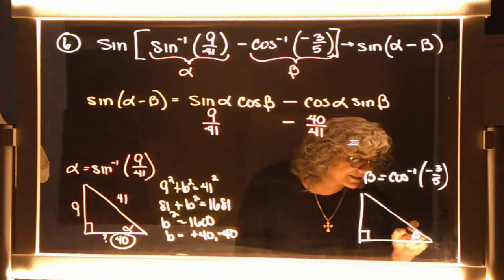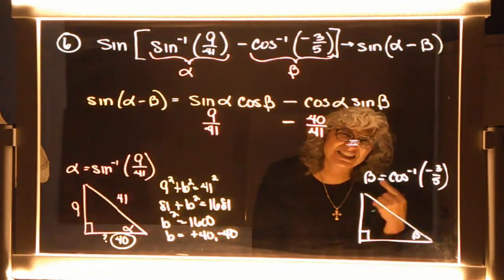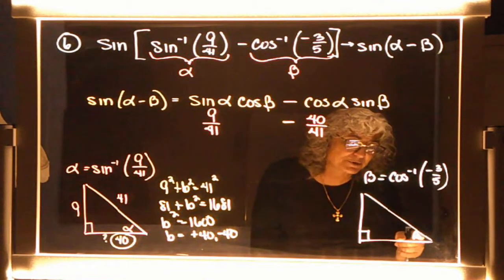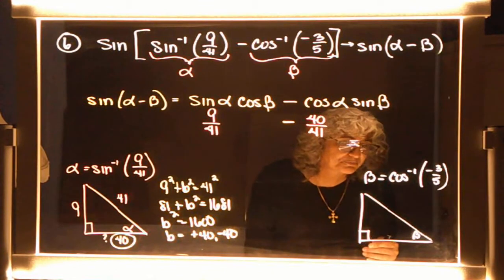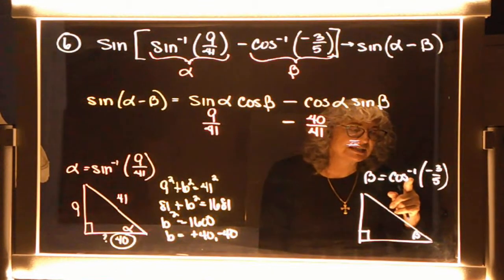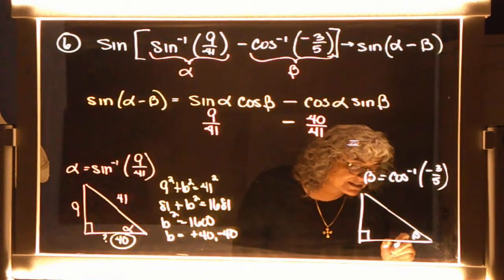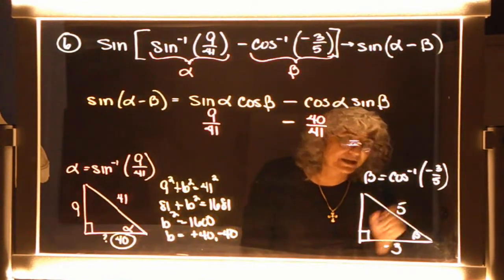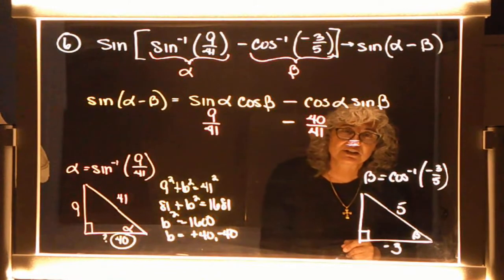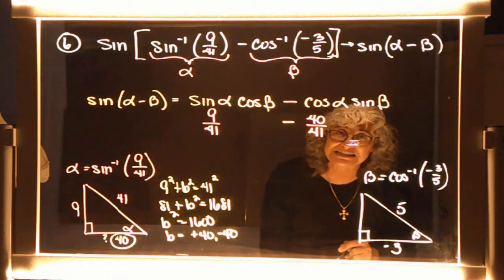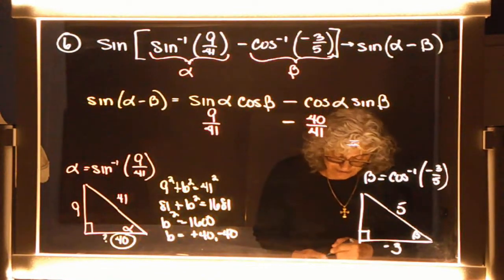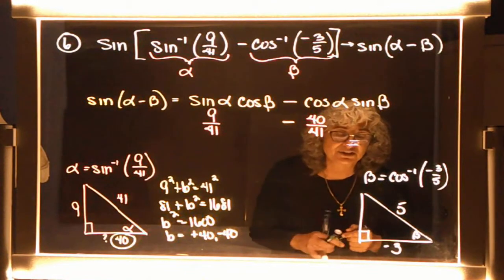So I'm going to put beta here. You could have put it up there. This is just my consistency. I always put the angle here. And what I do know is cosine is the adjacent over the hypotenuse. So I know my adjacent side is negative 3 and my hypotenuse is 5 because the hypotenuse is always positive. And now, same deal, I've got an unknown side.